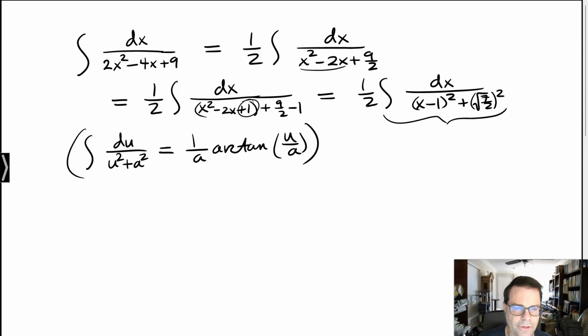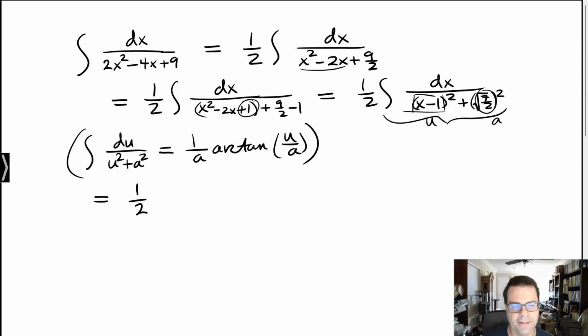So going back to our example over here, because it's x minus 1, if we were to do a u substitution on this and let this be u, then our du would just be dx. So we can just integrate this like normal and not worry about any funny factors or anything that we have to do. So this would be 1/2. Okay, now this is my a, the square root of 7/2.